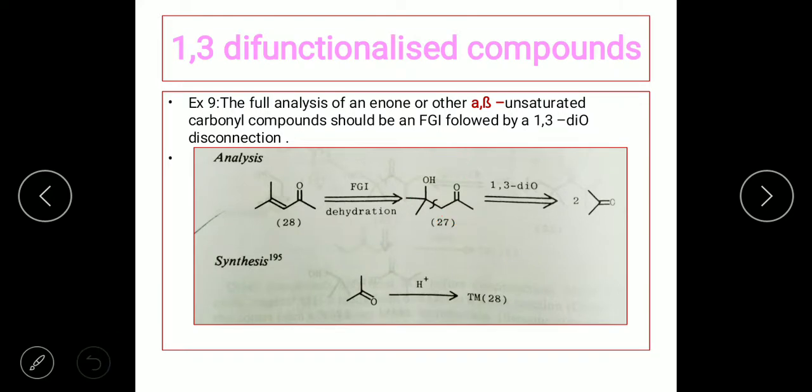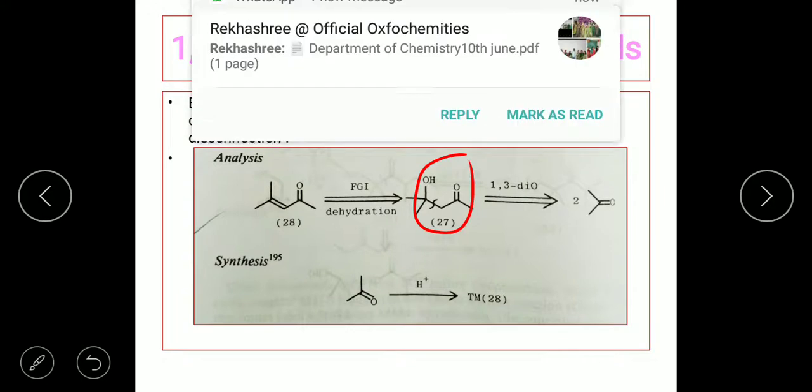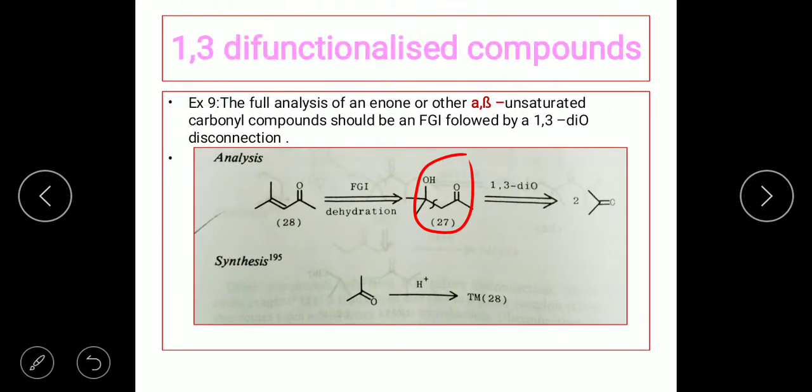Now you can look at this 27 compound. It is nothing but a beta hydroxy ketone. Now this beta hydroxy ketone you can easily do the 1,3 diO disconnection. Once you do the 1,3 diO disconnection, what we are going to get is two acetone molecules. That is, it is going to follow the same kind of disconnection.